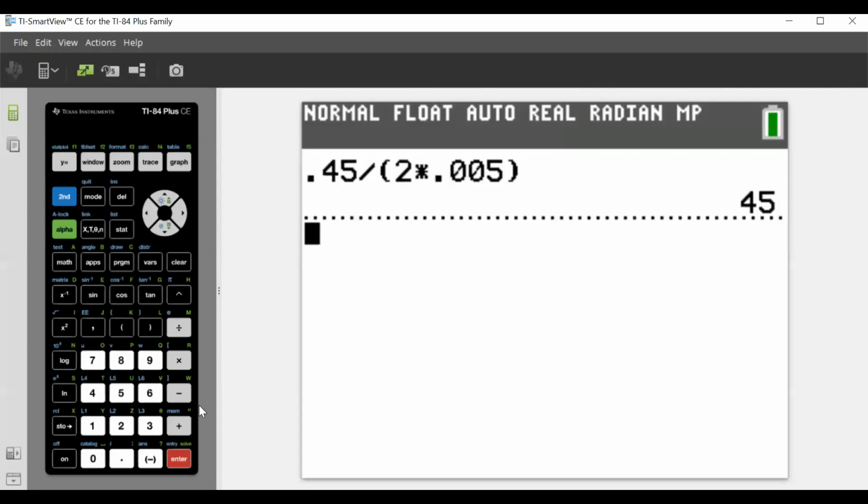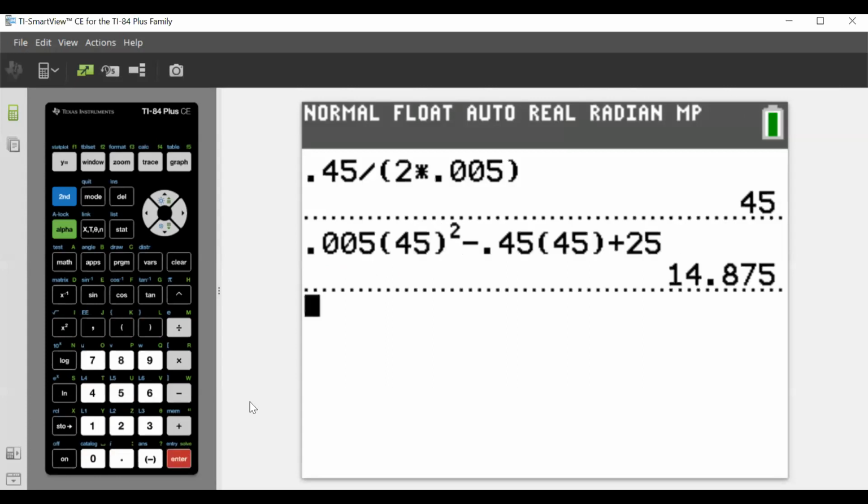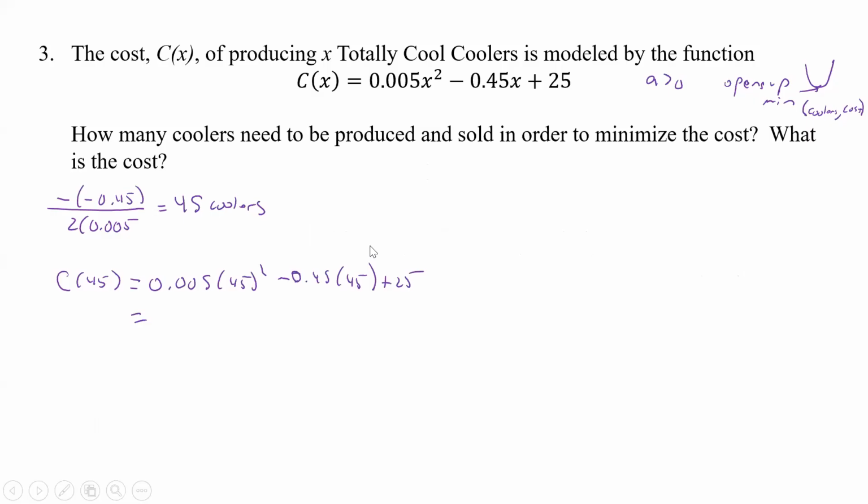We're going to take 0.005 times 45 squared, and then minus 0.45 times 45, and then plus 25. So that's 14.875, and if we round that to the cents, because we're working with dollars, that's going to be 14.88.